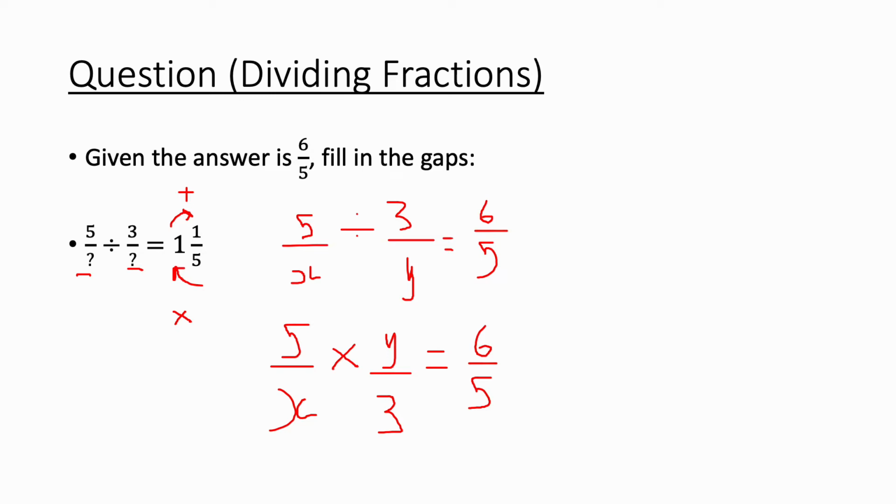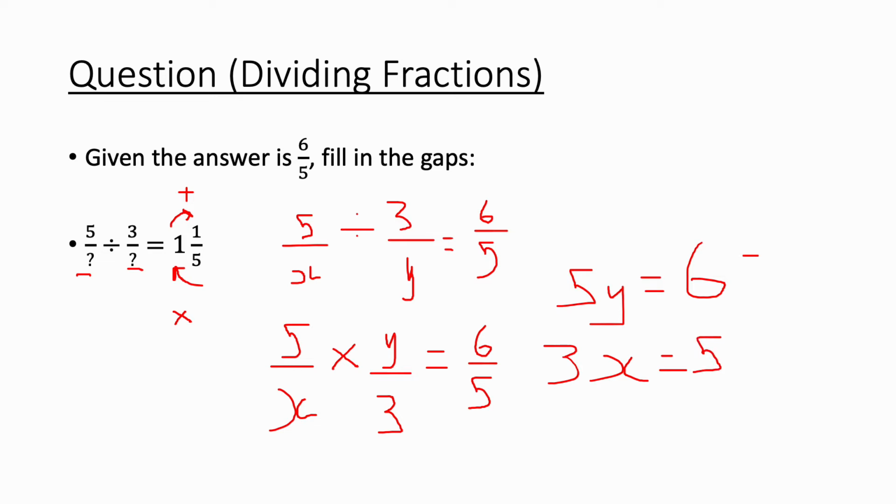Here I'm going to have 5 times y, which is 5y. So 5y is equal to 6, and the next times 3 has to equal 5. So I've formed some linear equations that I can now solve.